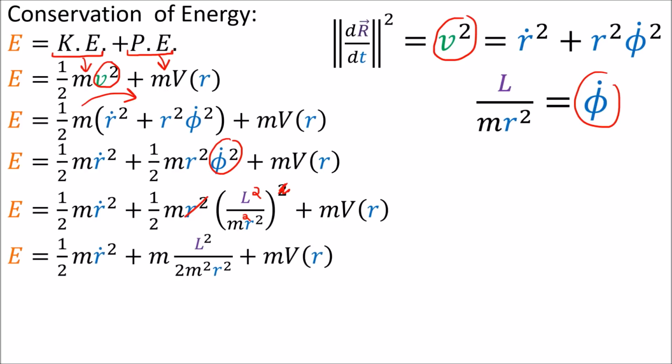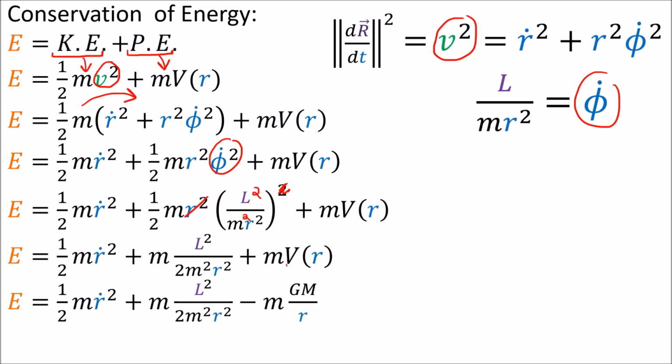We can also use the standard Newtonian potential for a mass capital M, which is negative G M over r. Now, we see that in polar coordinates, kinetic energy actually depends on the r coordinate position.